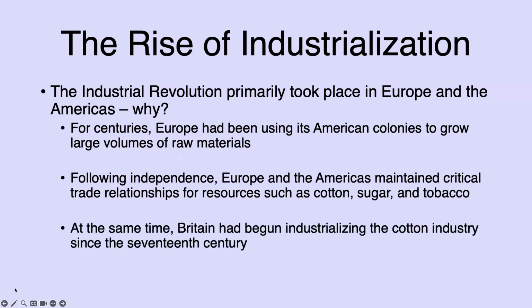And at the same time, as Britain was receiving these raw cotton materials, they had begun to slowly industrialize the cotton industry since the 17th century. So, although the Industrial Revolution really exploded in the 19th century, it was a slow burn process that began in the 17th century, and each aspect of industrialization built upon itself until we get to the traditional industrial revolution.